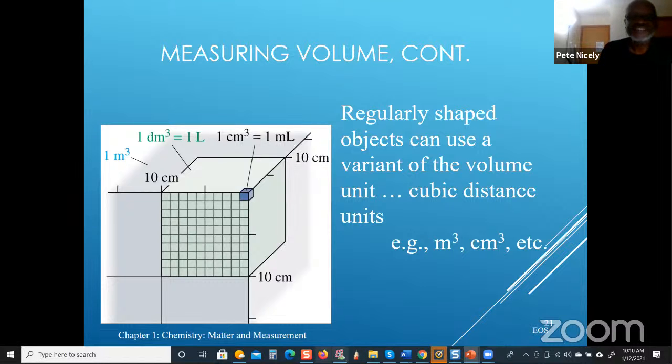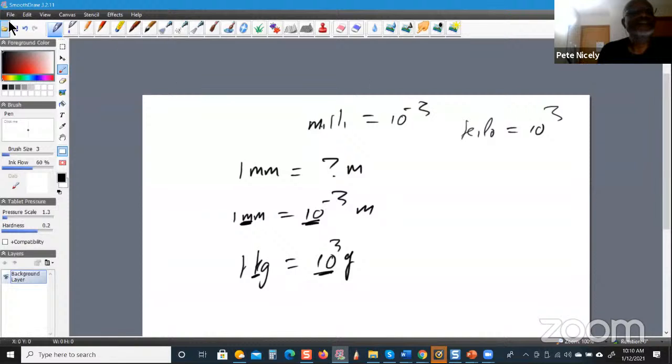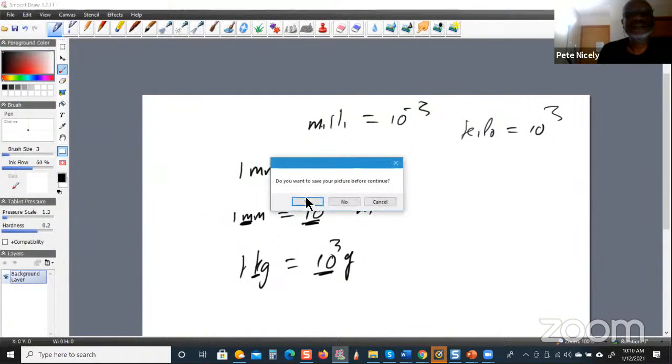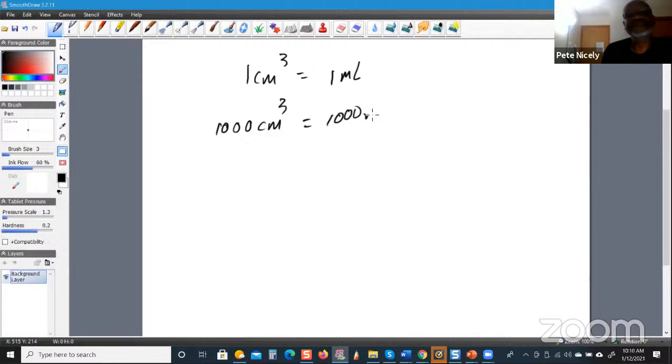So if 1 centimeter cube is equal to 1 milliliter, then 1,000 centimeters cube would be equal to 1,000 milliliters. And guess what that is equal to?